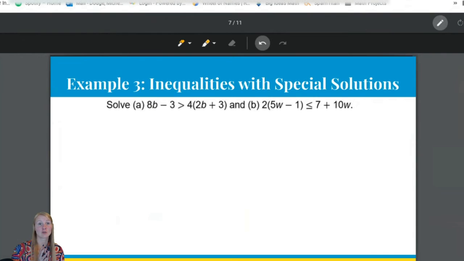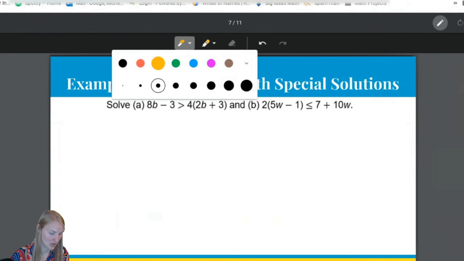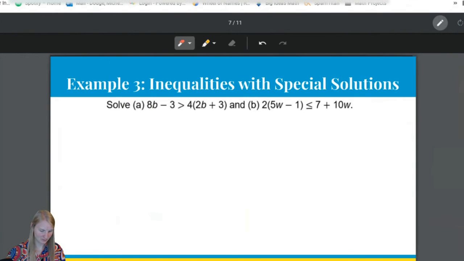Okay. Example 3, inequalities with special solutions. You might remember our equations with special solutions. That means there can be no solutions or infinitely many solutions. Let's see if that's the same here when we talk about inequalities. So let's look at A. We have 8b minus 3 is greater than 4 times 2b plus 3.